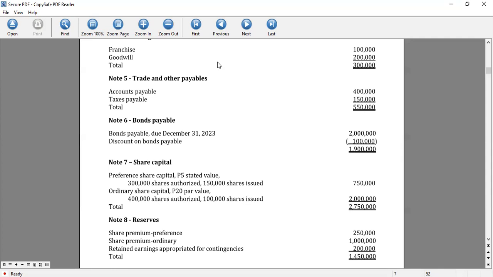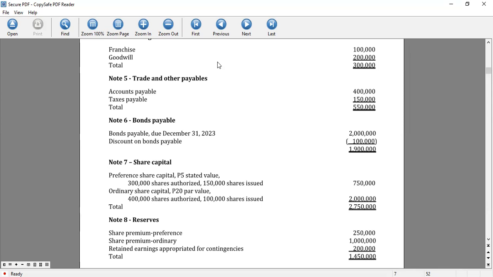Share premium ordinary was at 30 per share, but the par per share is only 20. So in other words, there's a premium of 10 multiplied by number of shares issued 100,000. So we have share premium ordinary 1 million.